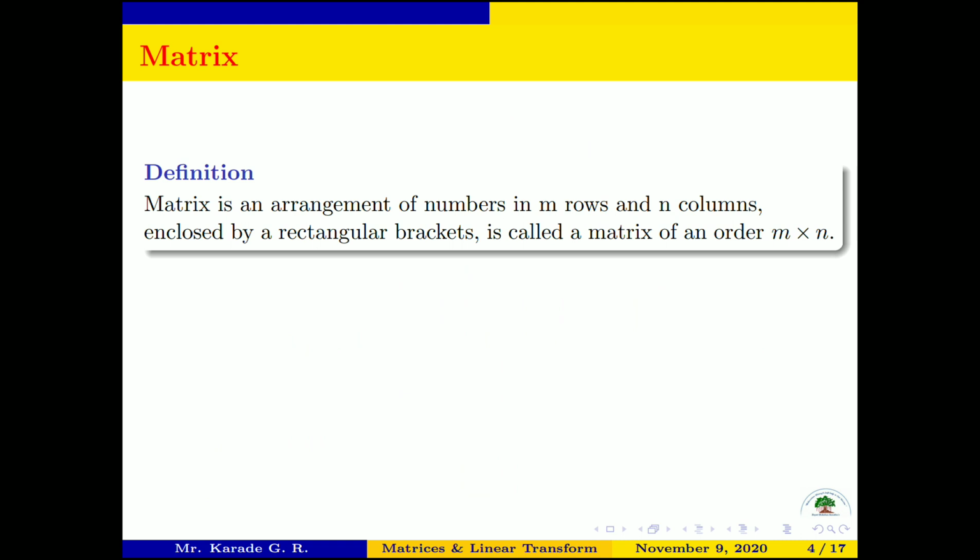Or again we can say that matrix is a fixed arrangement of numbers in m rows and n columns enclosed by rectangular brackets, and it's called a matrix of order m cross n, or it is also called as a matrix of order m by n.